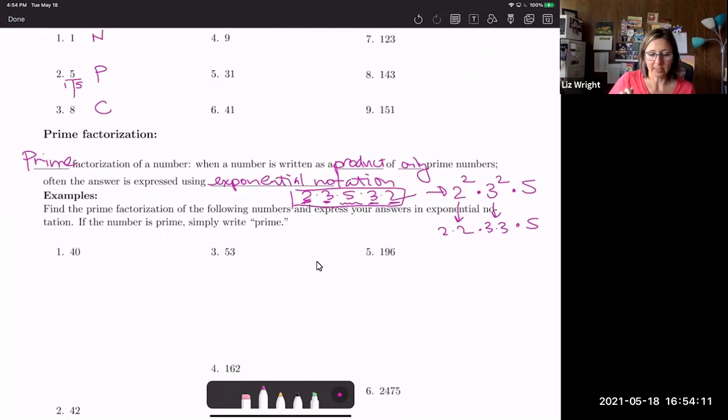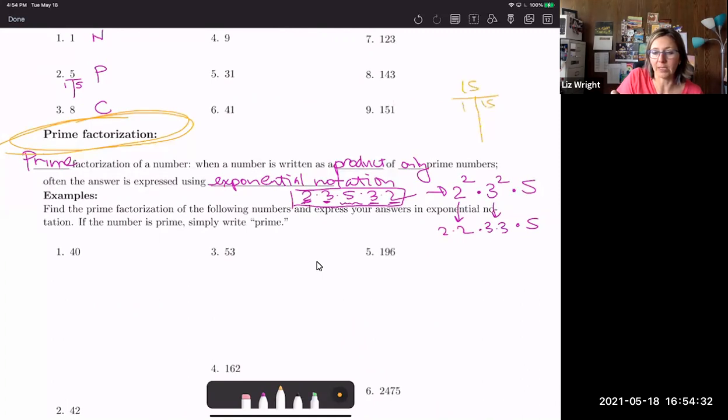So on these, we are going to do what's called prime factorization. Please, please, please make sure you understand and you remember the difference between prime factorization and factor pairs. So factor pairs is where we did that T-chart and we came up with all the factor pairs. Like if we did 15, we did 1 and 15, and we did 3 and 5. This is factor pairs. Oops. It was supposed to be factor pairs, not fact pairs.